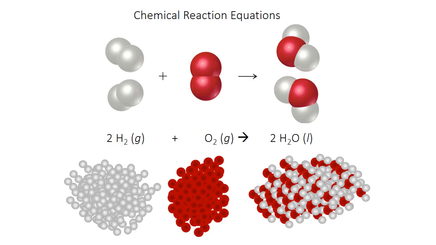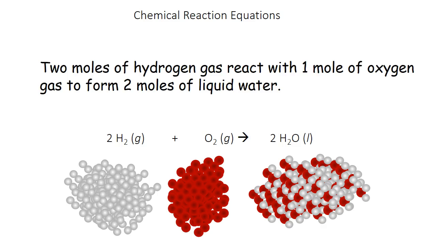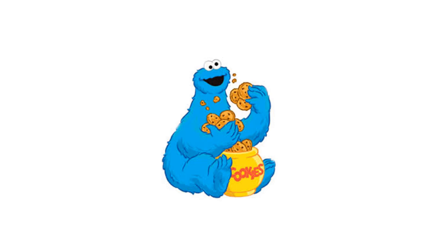Another way to think about this reaction is if we had a whole bunch of hydrogen and oxygen and water. Let's say we have a lab-sized sample, which we've talked about earlier in the semester, but we'll continue to talk about more and more. Let's say we don't want to make water. Let's say we're Cookie Monster and we want some cookies.